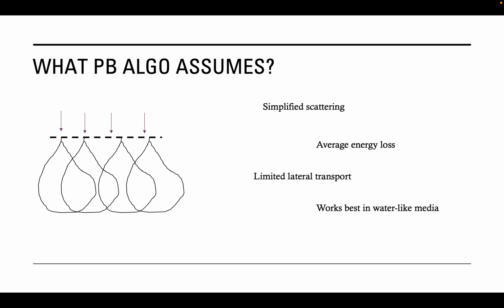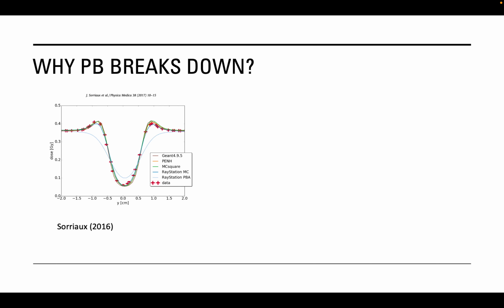In homogeneous media you can average the energy loss. You can take the simplified scattering model, like Gaussian. But when there is heterogeneous media, for example bone, air, it underestimates the lateral spread. Now the question is why pencil beam breaks down. We already discussed that, and from here you can see there is the bone.